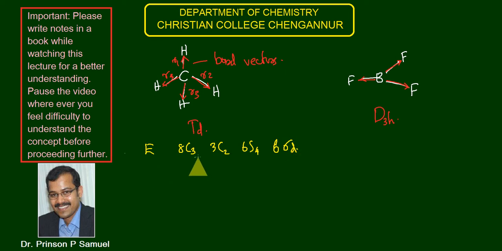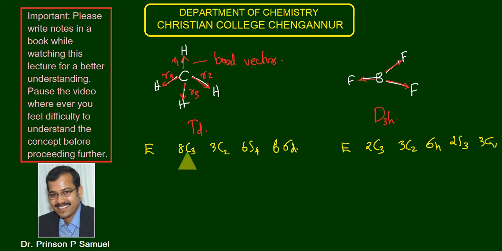So we have E, C3, C2, S4, and sigma d as operations. And in D3h we have E, then 2C3, then 3C2, then sigma h, then 2S3, and then 3 sigma v. So these are the elements present in D3h.